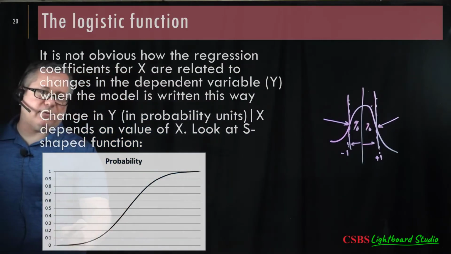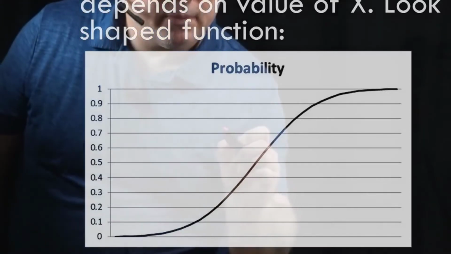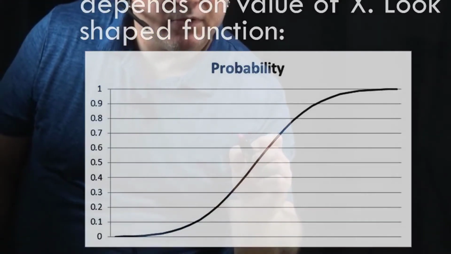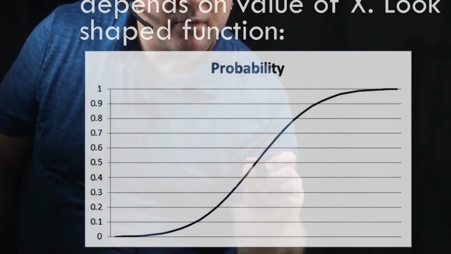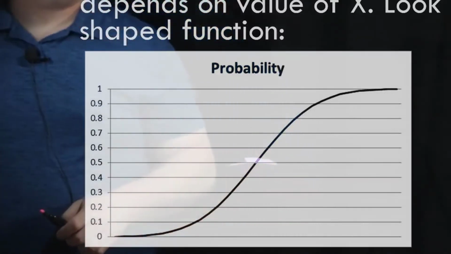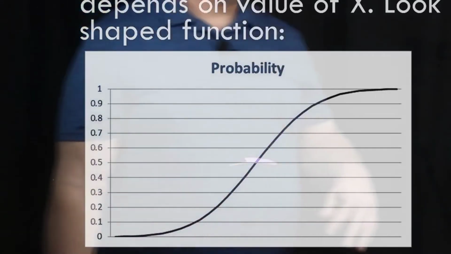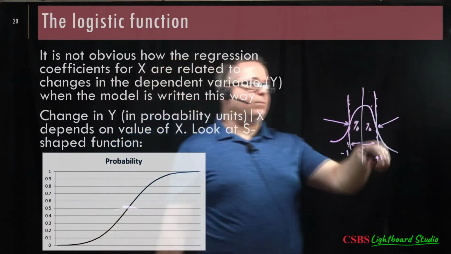This line is going upwards, and at some point in the middle it has an inflection point. Usually it's right wherever the line passes the 0.5 mark. The inflection point is more important here relative to these other inflection points.